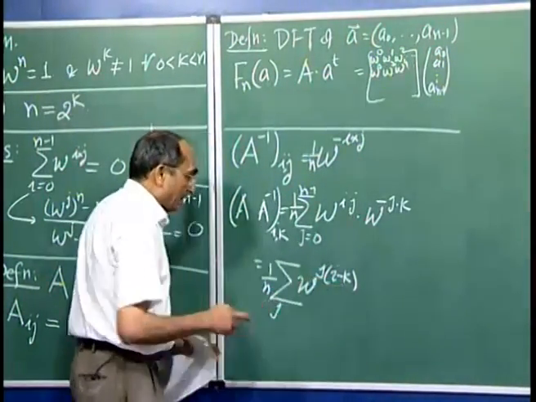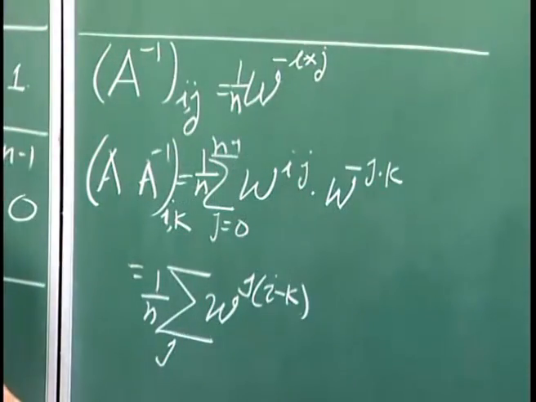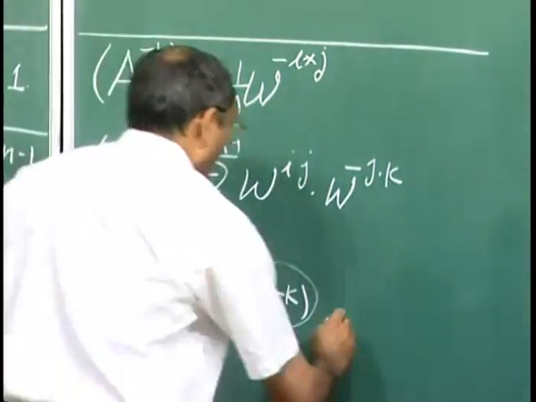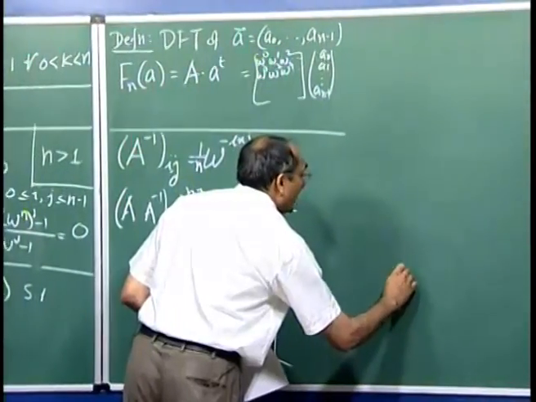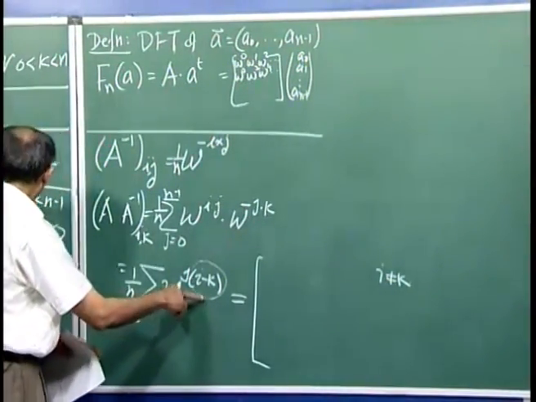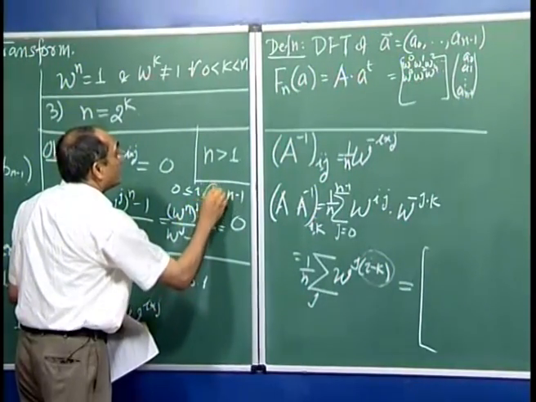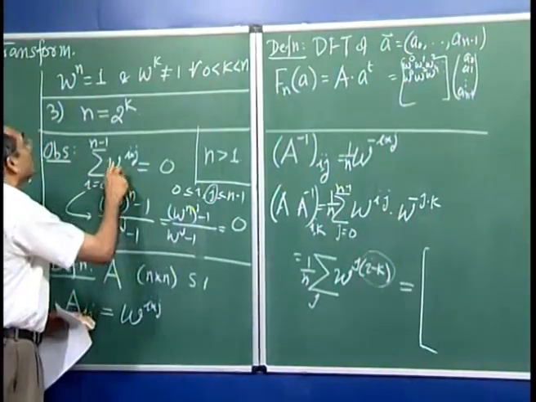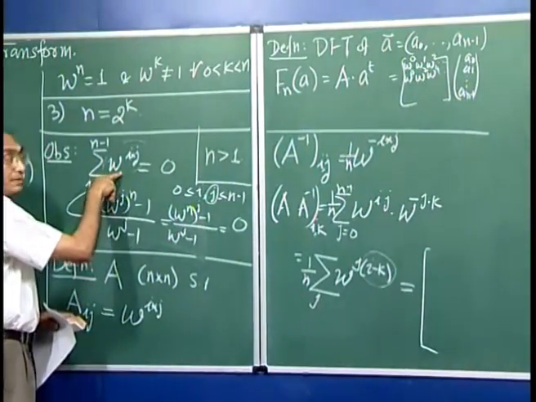As long as i and k are not equal, this quantity is other than 1, so let us consider i not equal to k. For j here, we will exclude the 0 value, because if j is 0, then this quantity becomes 1 and this whole thing adds up to n.